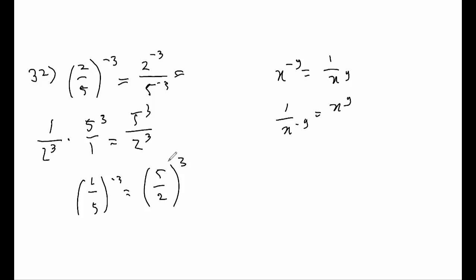Either way you look at it, it's fine, because in the end, we will get 5 to the 3rd over 2 to the 3rd, and in both cases, we have 5 to the 3rd, and that's going to be equal to 125, and then 2 to the 3rd is going to be equal to 8.